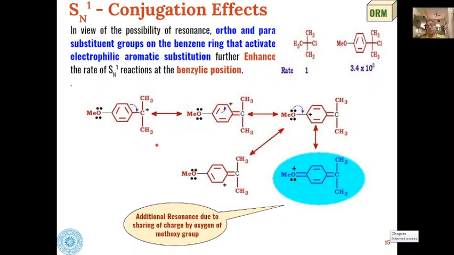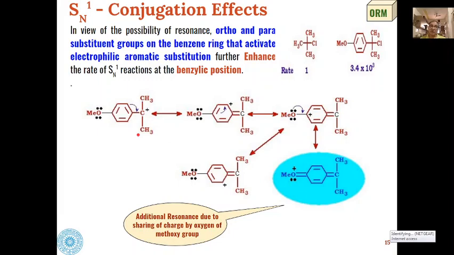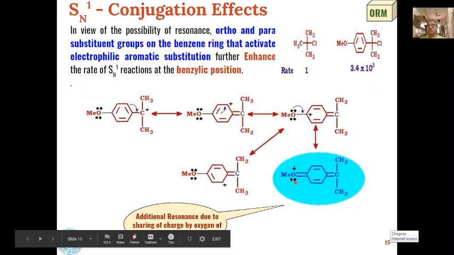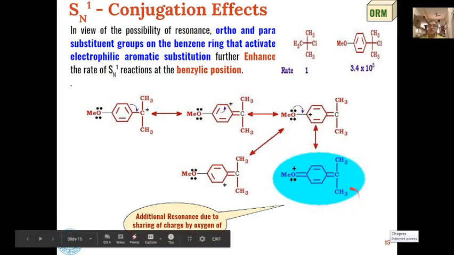3400 times more than we have seen in this substrate. The reason for this is the additional resonance due to the sharing of charge by the oxygen lone pair which is present on the methoxy. So we know that in the first step, if this is the substrate, this type of carbocation will be formed, and this carbocation undergoes these resonating structures, and this structure is highly stable because here charge sharing is done with the oxygen, and this is an additional resonating structure.